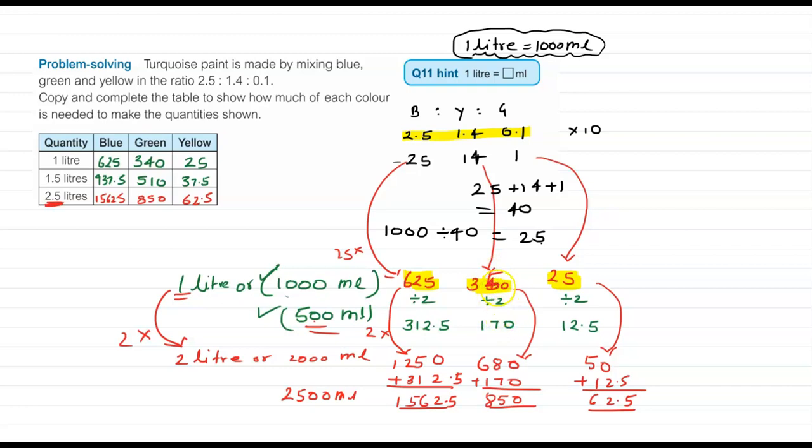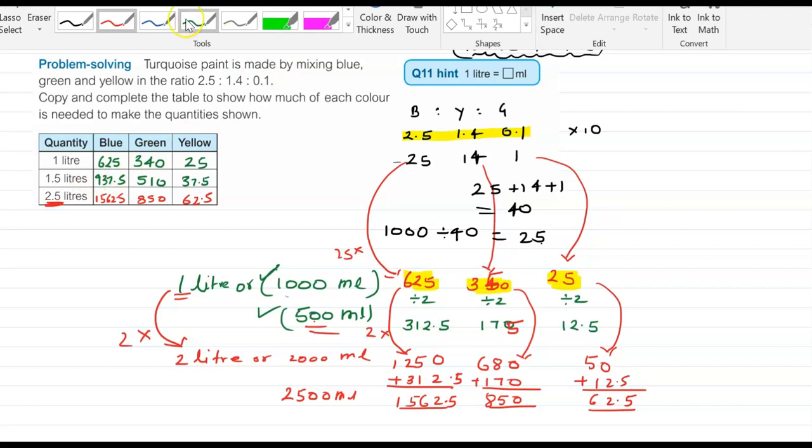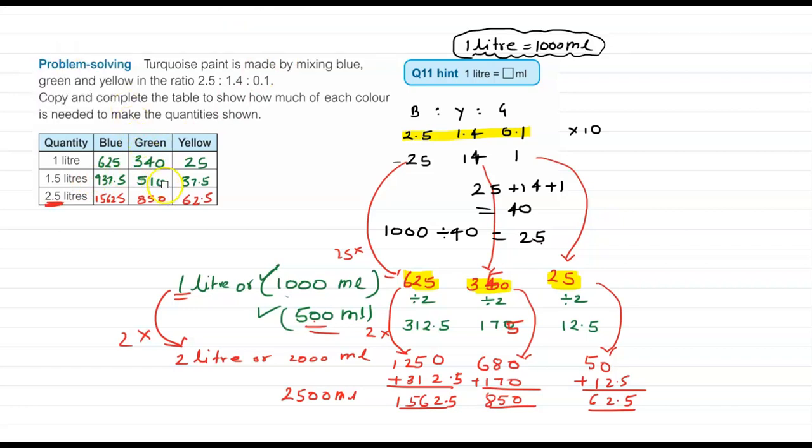It is 350. 350 divided by 2 is 175. So it should be 350. Let me rub this out. This is just a mistake in calculation, so it should be 350 here, and this will change.